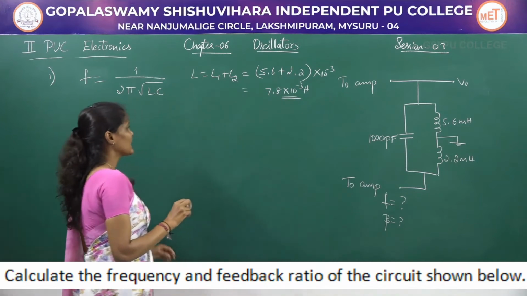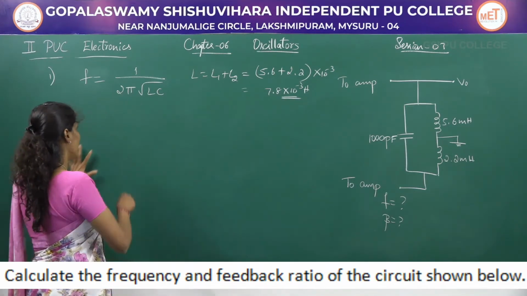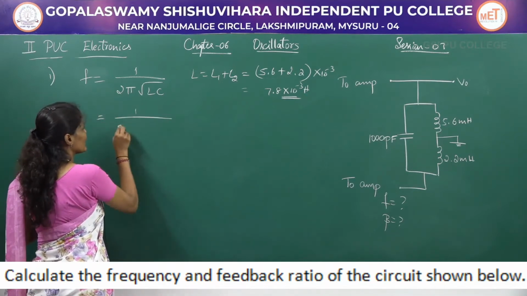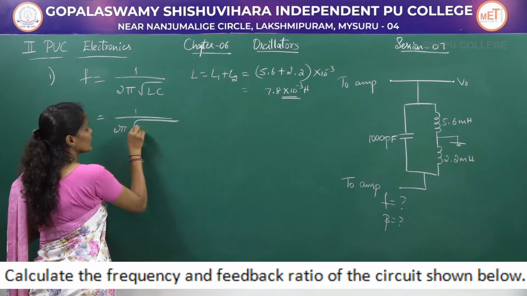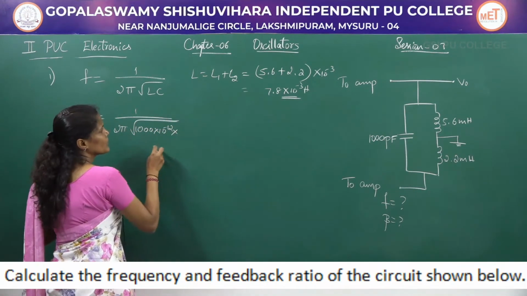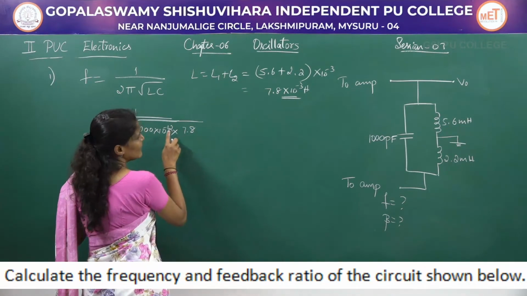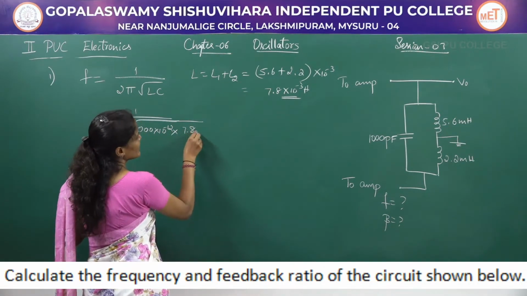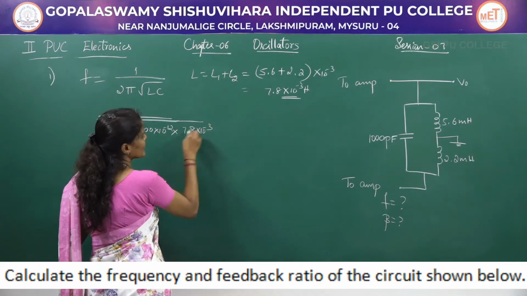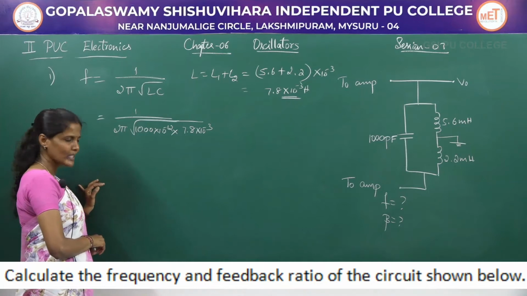For this inductance value and C value as 1000 picofarad, you have to calculate the frequency: 1 divided by 2 pi root L into C, where L value is 7.8 into 10 to the power of minus 3, whereas C value is equal to 1000 into 10 to the power of minus 12.